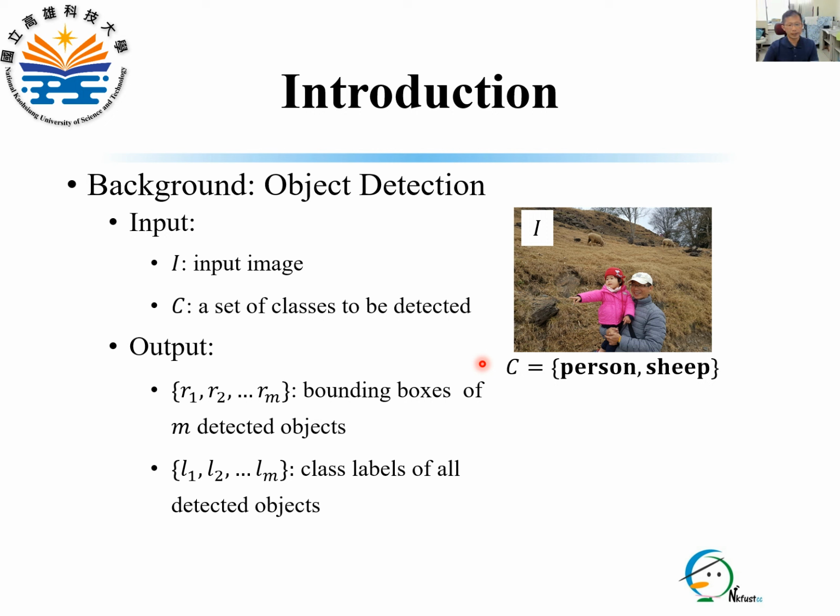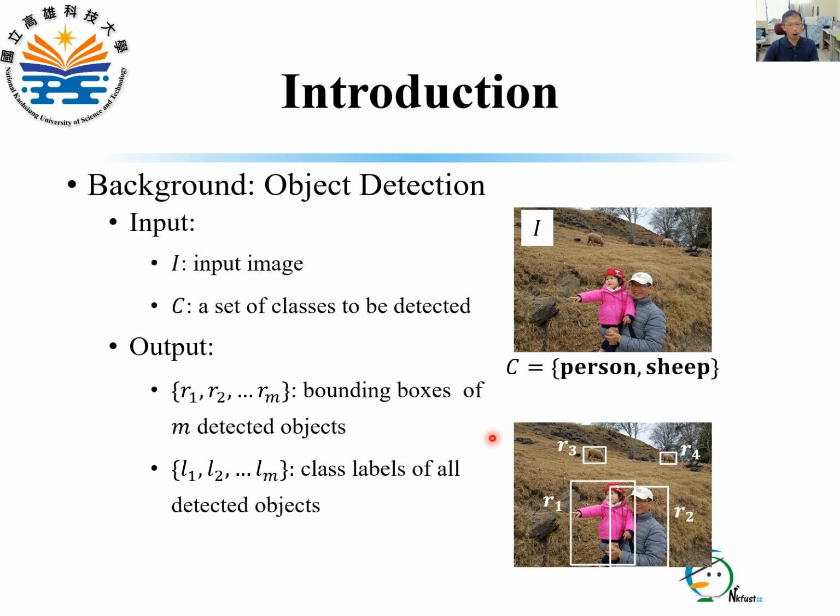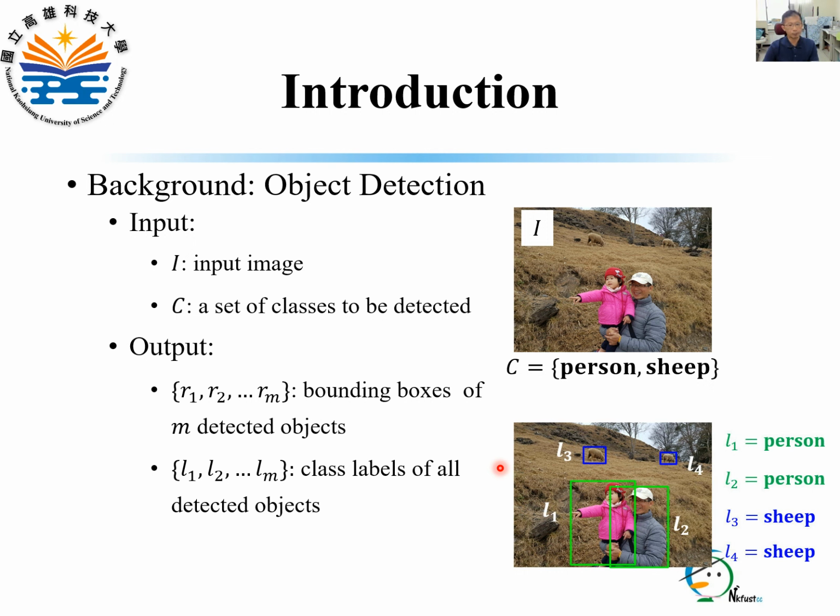For the two object classes, person and ship, that are to be detected, the output of the object detection will be 4 bounding boxes with their object classes respectively.